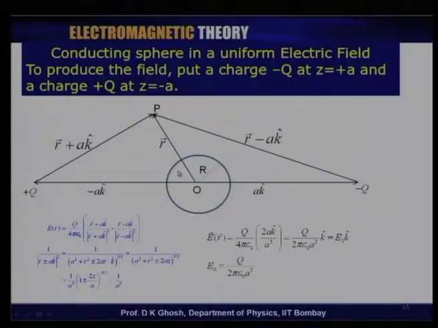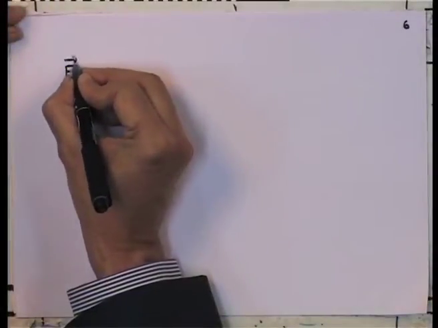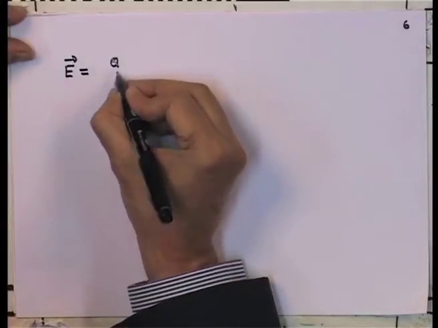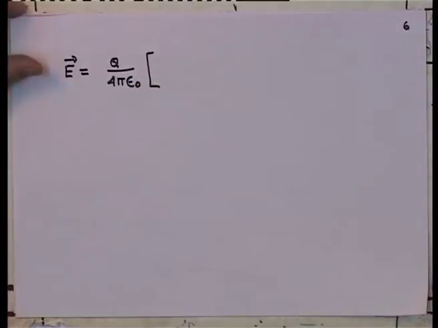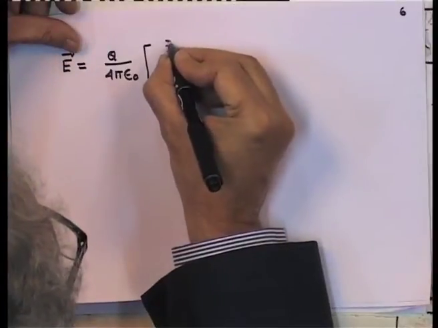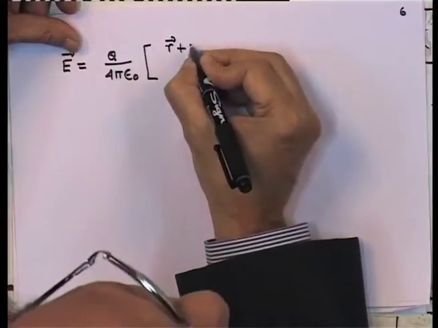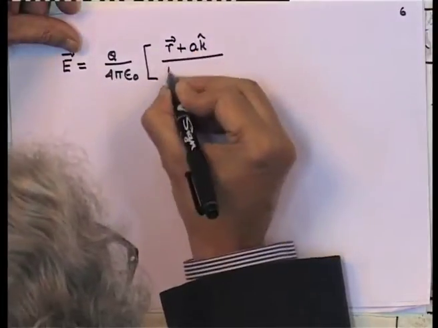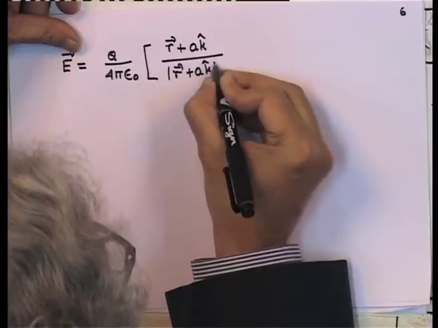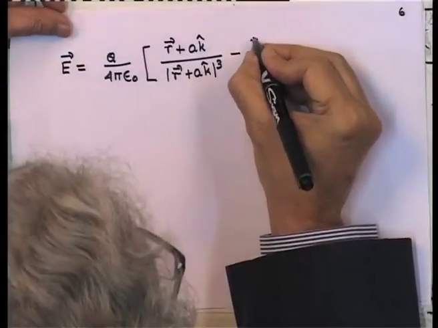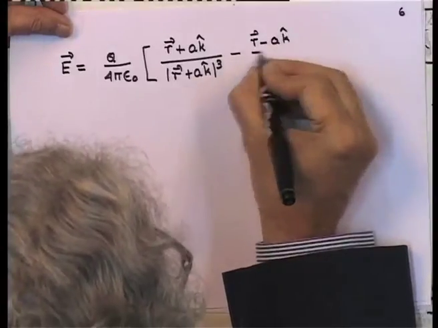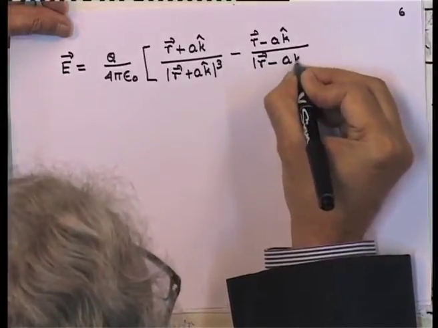Now, let us look at what is the electric field at an arbitrary point like this, and that is equal to q by 4 pi epsilon 0 into, referring to the figure again, r plus a k divided by the cube of r plus a k, this is just Coulomb's law, and minus r minus a k by the cube of r minus a k.